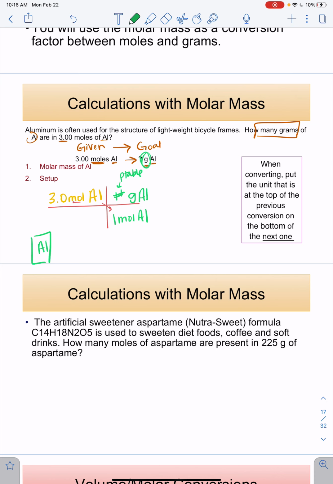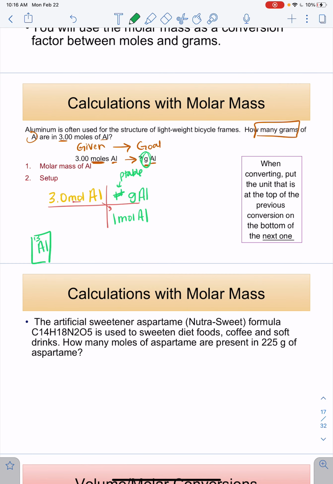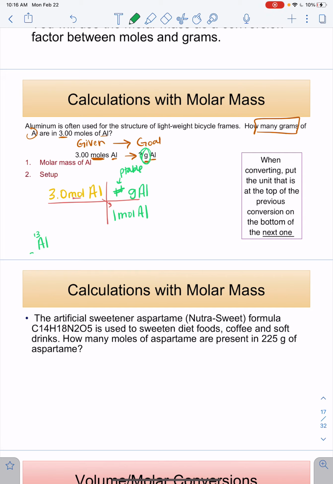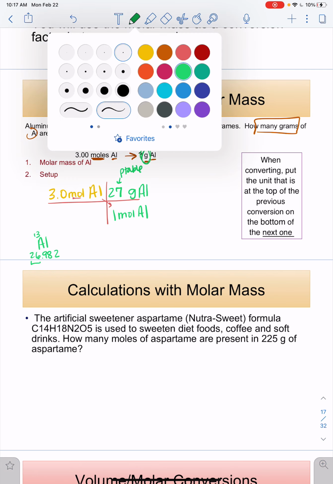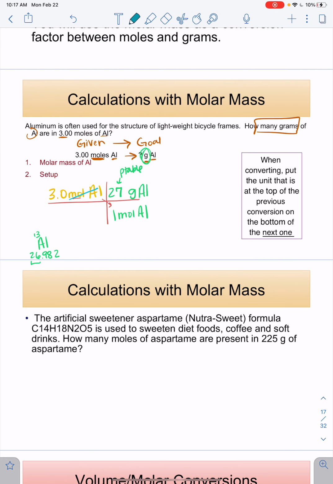It's number 13. Its big number on bottom is 26.982, so we're going to round that to 27. So the number that goes with grams of aluminum is 27. Then moles of aluminum cancel, and I'm left with grams of aluminum, which is my goal. Okay? So then I'm going to put in my calculator 3.0 times 27, and I'll get my answer.